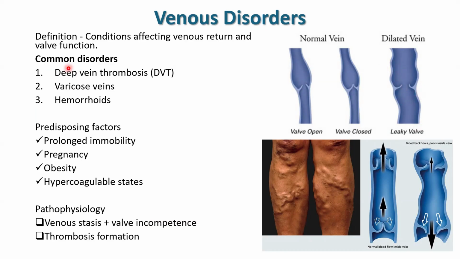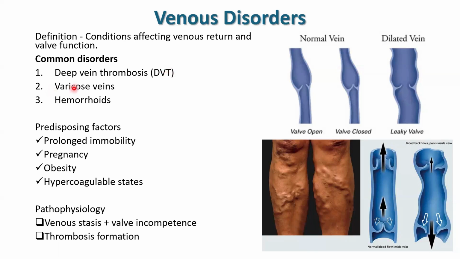So common examples of these venous disorders. One, you have deep vein thrombosis. Because of this dilatation, blood comes in and clots, giving you deep vein thrombosis, DVT.